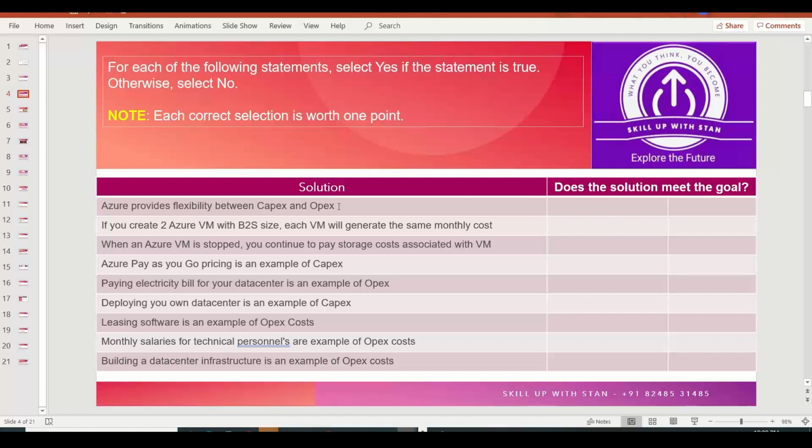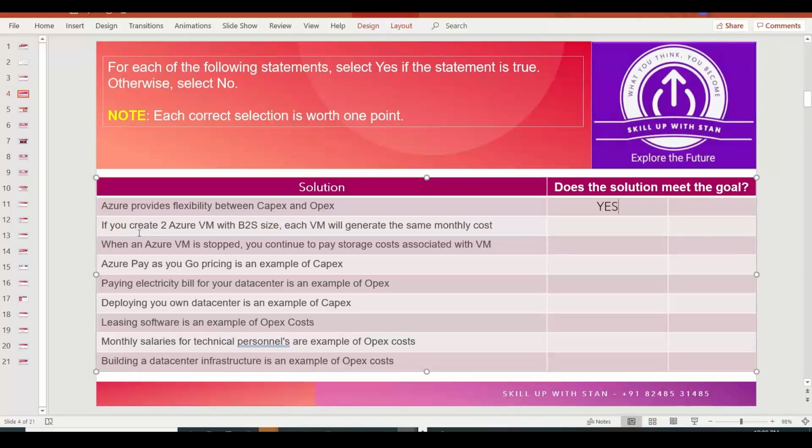But you can also save a lot of cost by making some upfront investment, like purchasing reservations or reserved instances, or purchasing a compute savings plan, and so on. You can get a lot of cost benefit. So you have both models available even in the public cloud, but the default model is the operational expenditure model. So the answer to this question is yes, you have the flexibility.